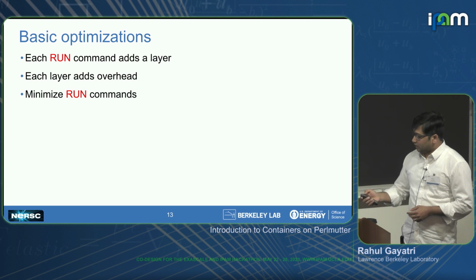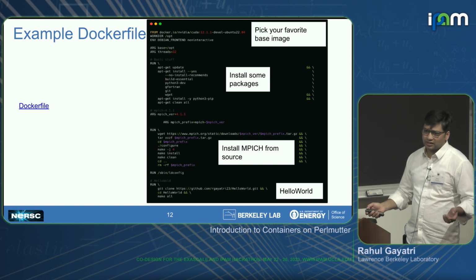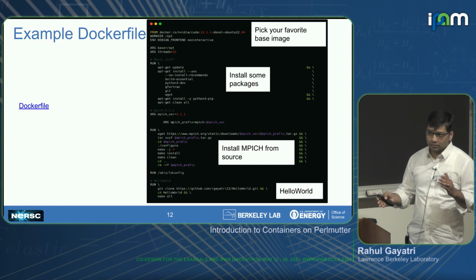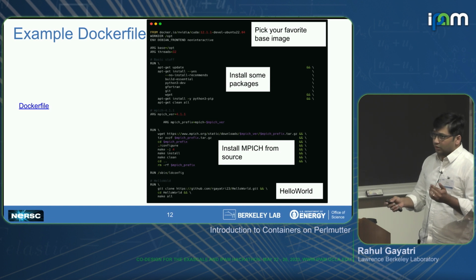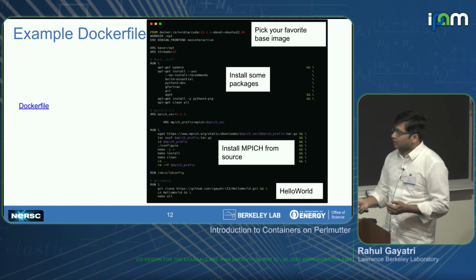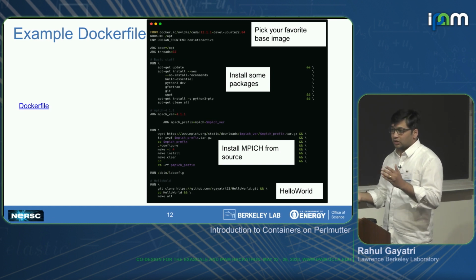But most of the Dockerfiles that you see don't have one huge single RUN command. They split their RUN commands into what makes logical sense to them. One of the reasons that helps is that the container runtimes, the software that does this, maintain a cache of each layer.